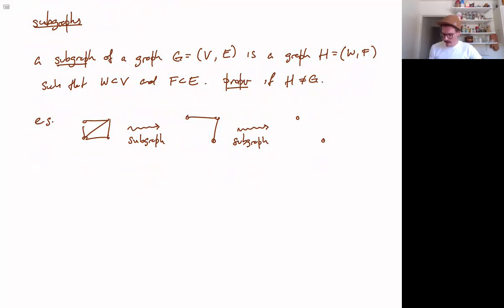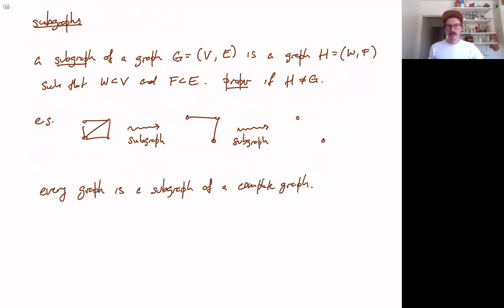So one fact is that every graph is a subgraph of a complete graph. And this is just because, if your graph has n vertices, you can just take the complete graph on n vertices, and that has all the edges that you could possibly have. So you can always get your original graph by deleting some of the edges.